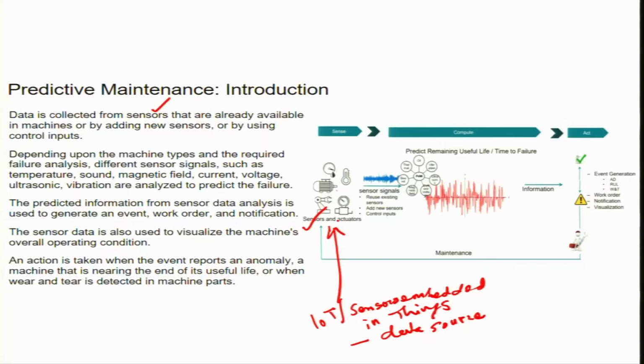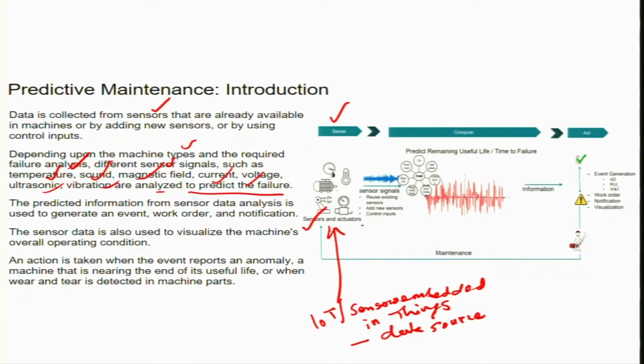So, these particular sensors will generate the data. Depending upon the machine types and the required failure analysis, different sensors are used. So, different sensor signals such as temperature, sound, magnetic field, current, voltage, ultrasonic, vibration, these sensor data are now analyzed to predict the failures.